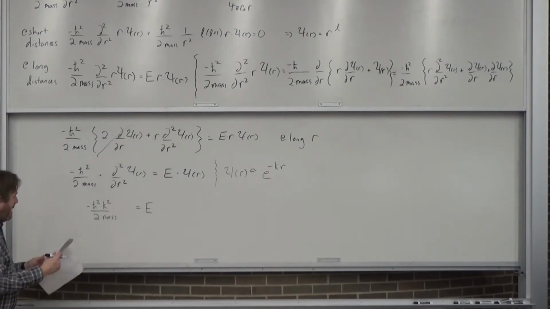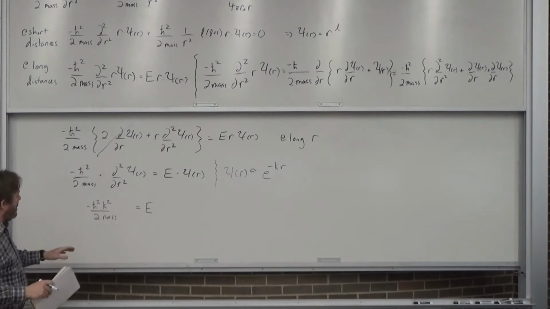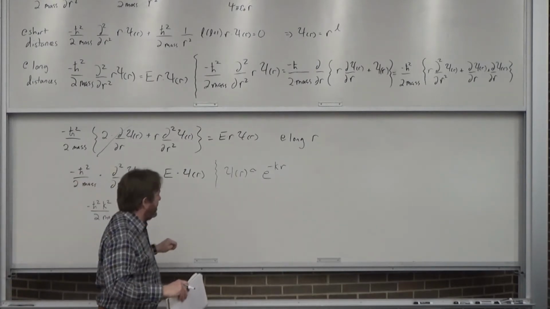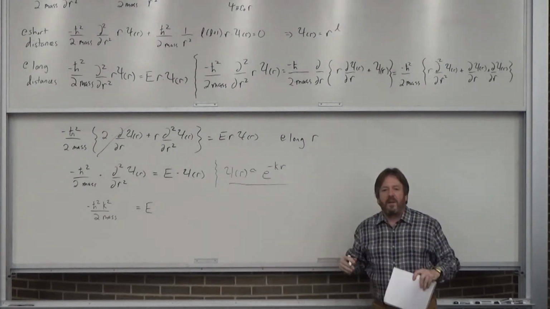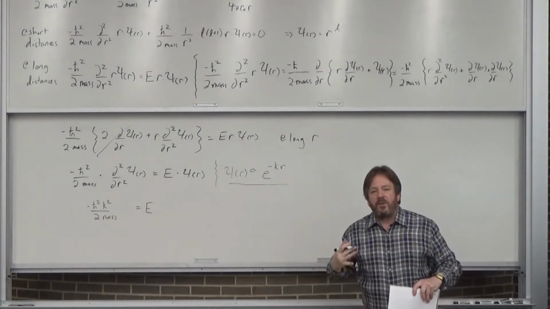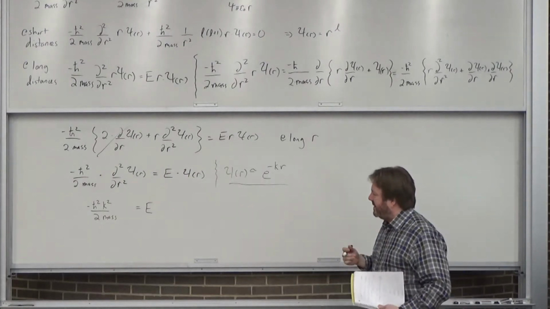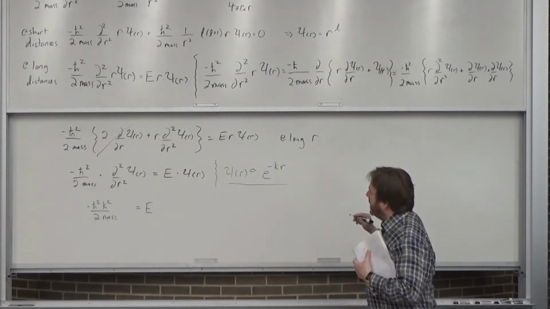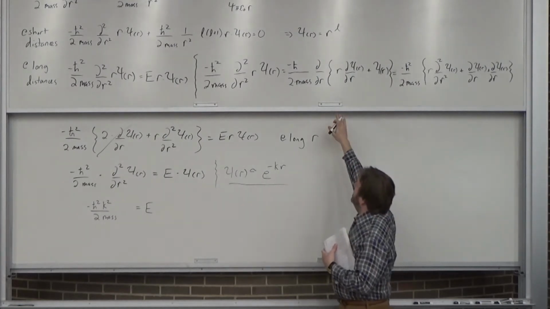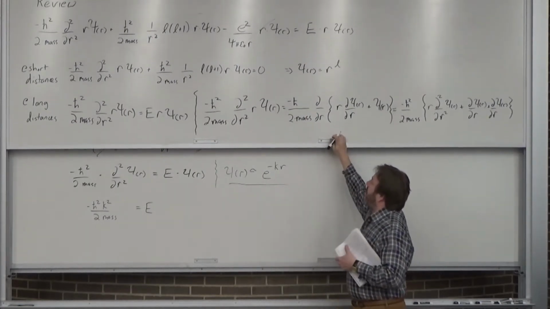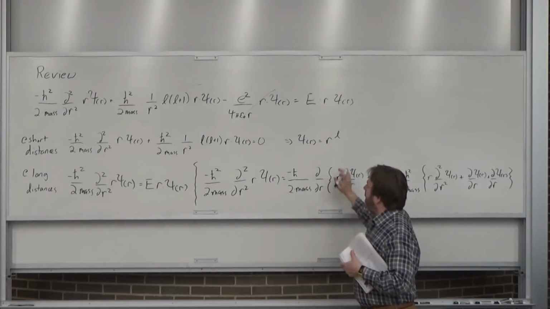I guess I could play a little game with you here. So we've solved for the energy, and we've also got ourselves the nature of the wave function at large distances. Again, let me just remind you: every wave function, the real wave functions, have an r to the l.